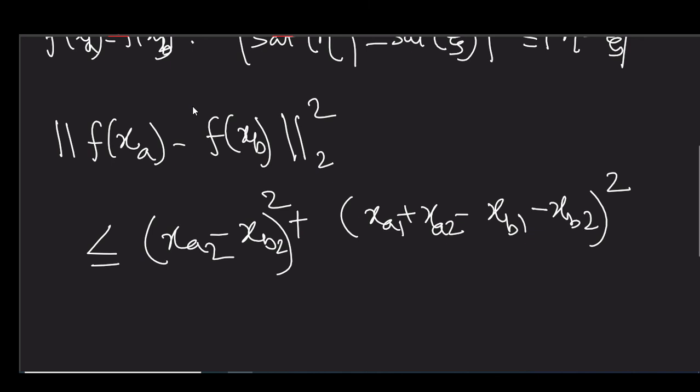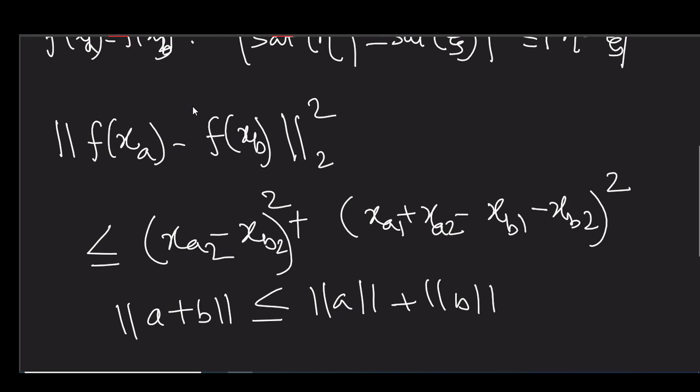How is this valid? Because if you add these two, like we know, it means the norm of... so we are applying that same thing over here, like we have some function and we break it into parts and get this.